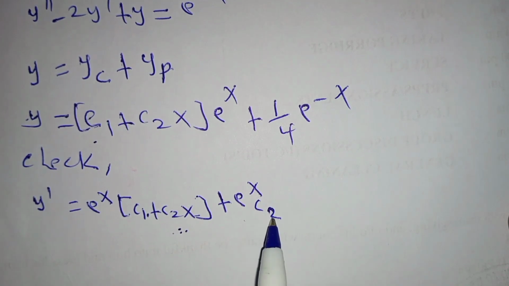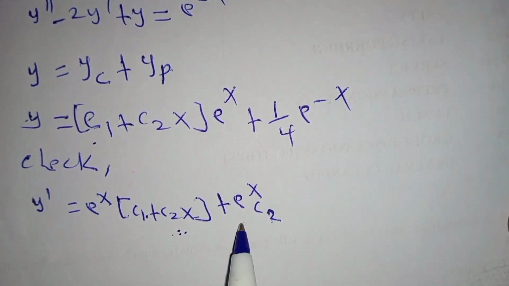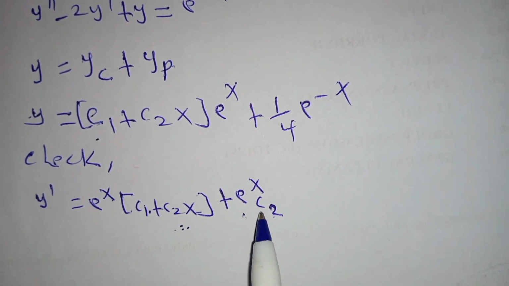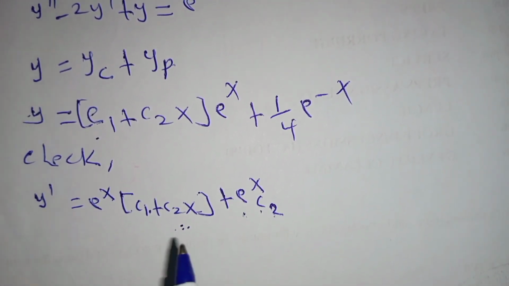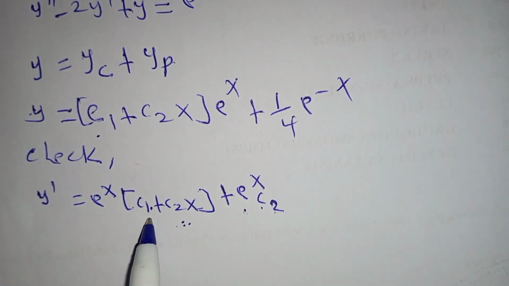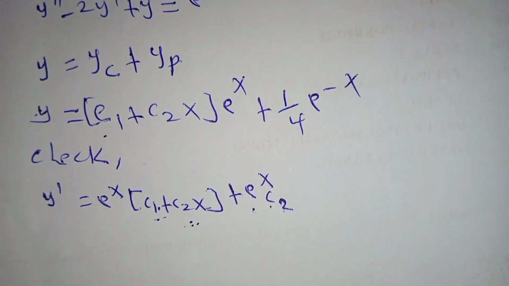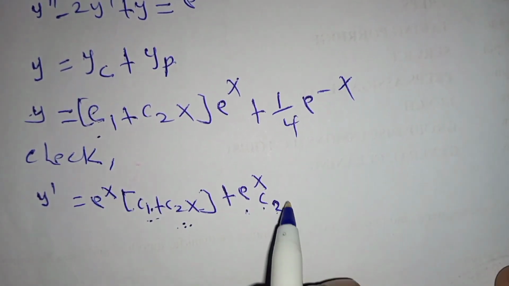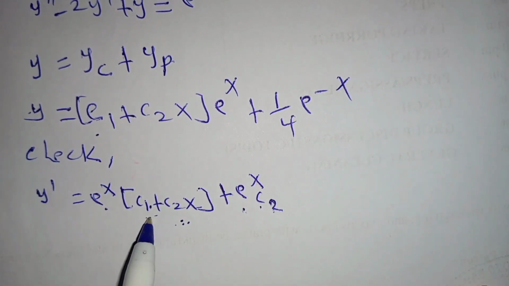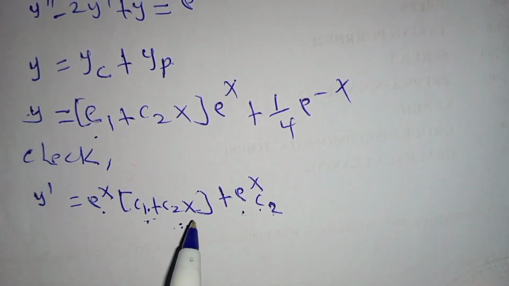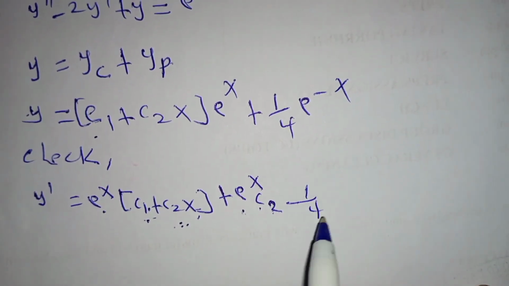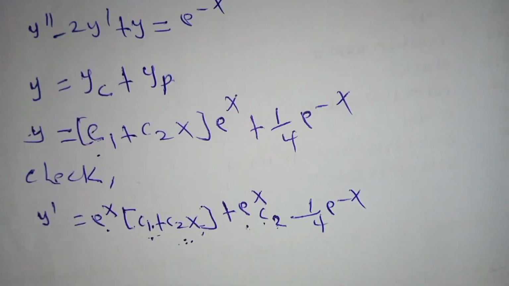When you differentiate this part with respect to x, you are going to get c2. And because you are holding exponential constant and differentiating the value with x, then minus 1/4 exponential negative x.